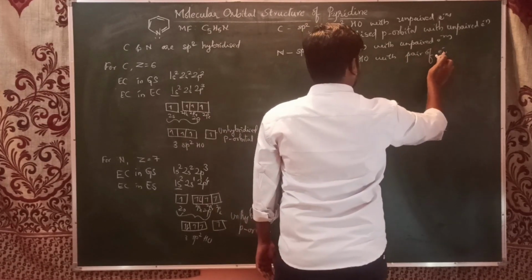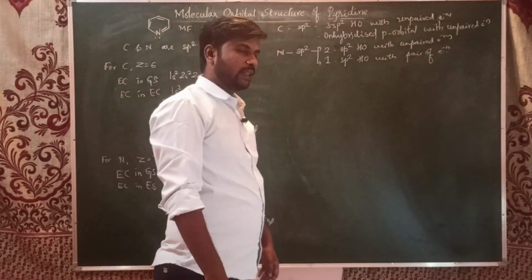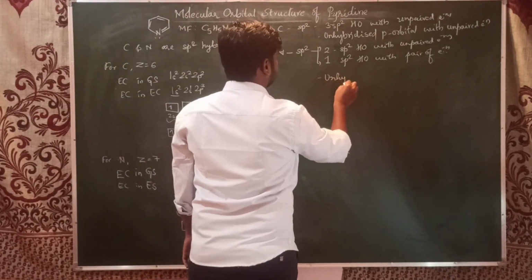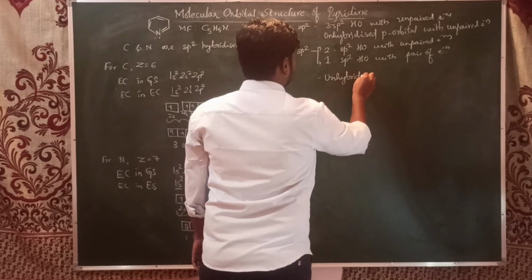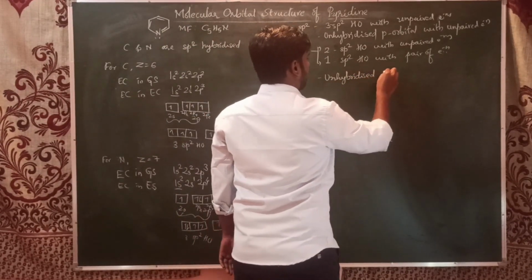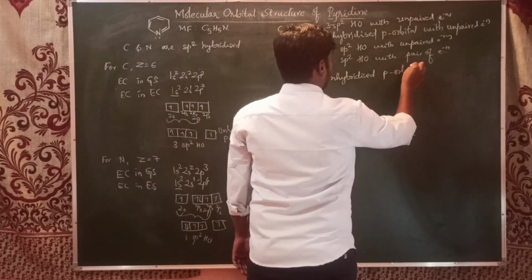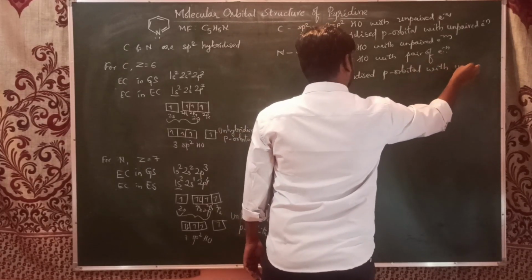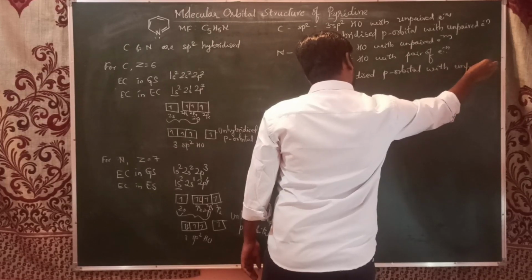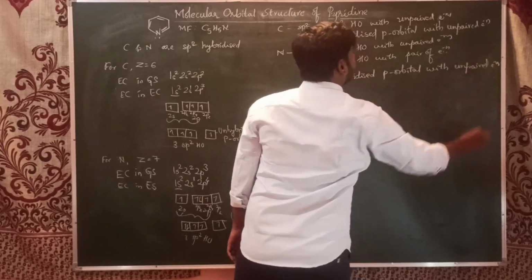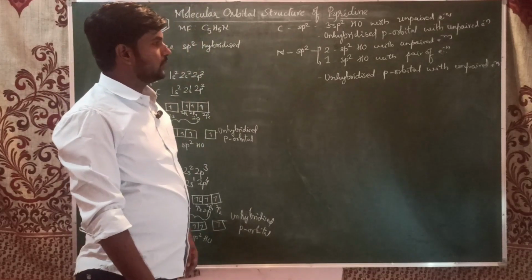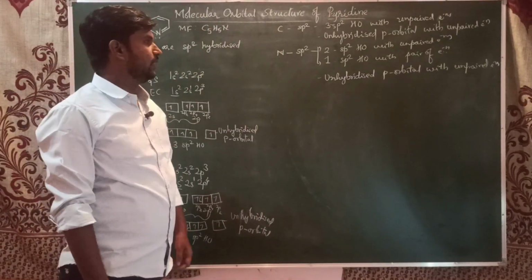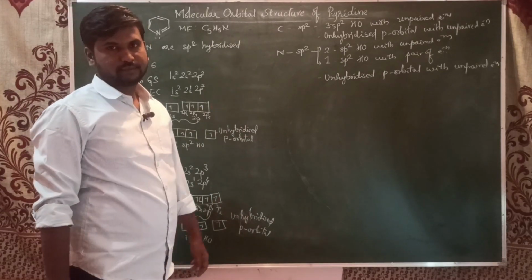There is also one unhybridized p orbital with an unpaired electron. I hope you can see till the end of the board. This is the status of the carbon and nitrogen when they are sp2 hybridized in pyridine.